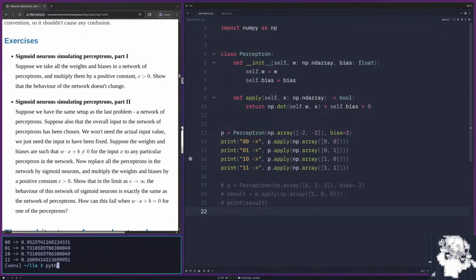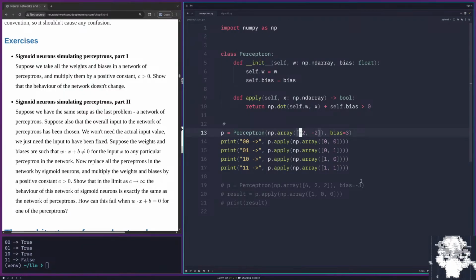So let's run the Python perceptron. Let's validate this experimentally first. So c equals 99. Am I allowed to do this? 99 times array?